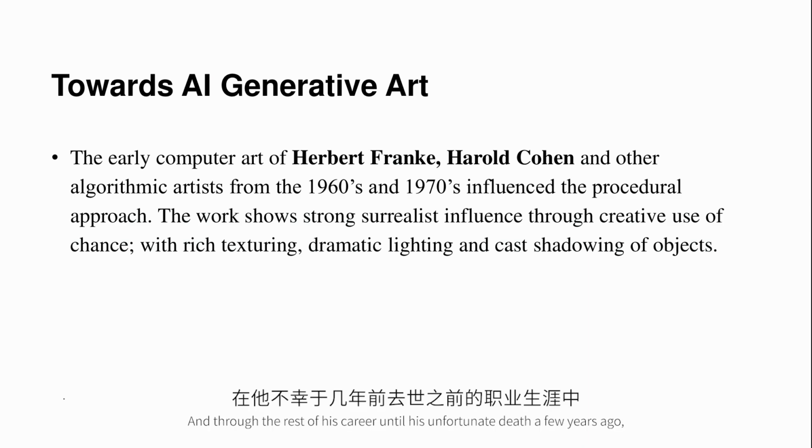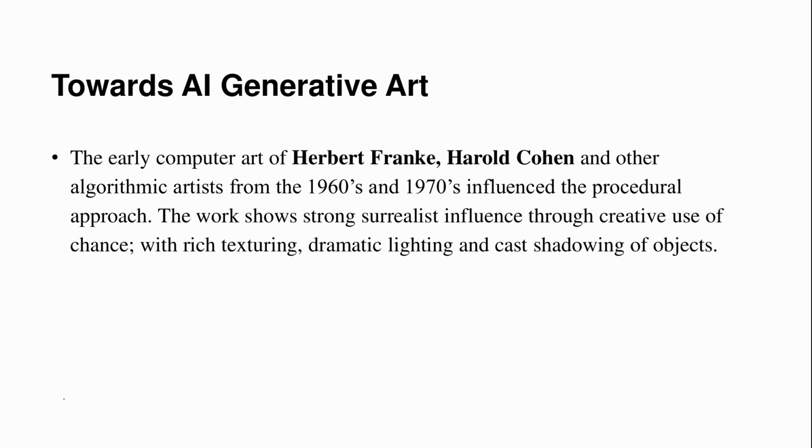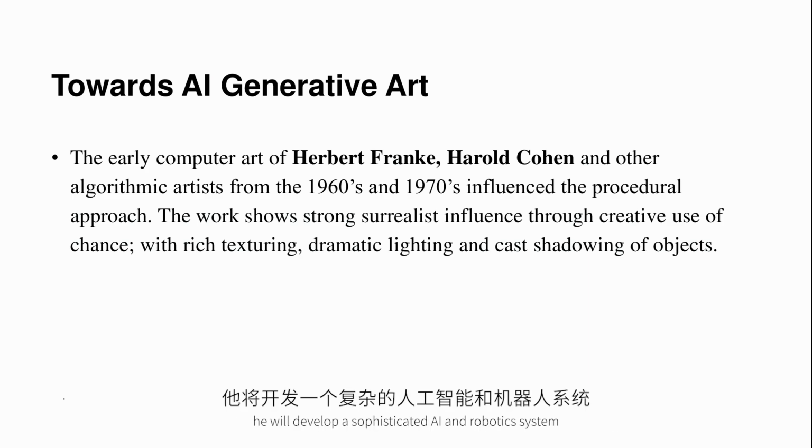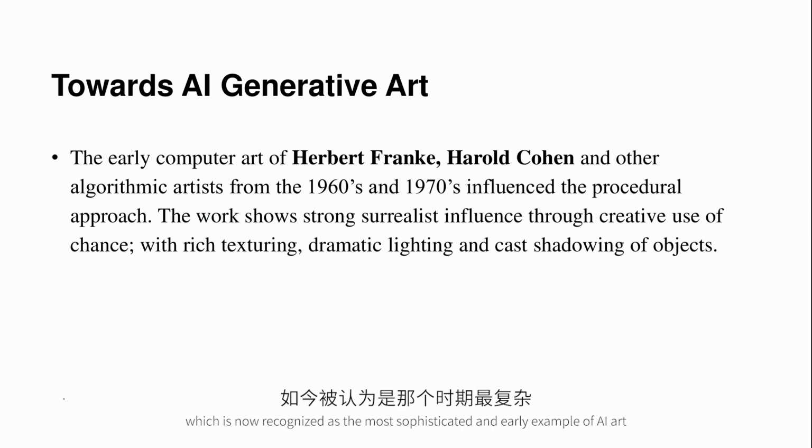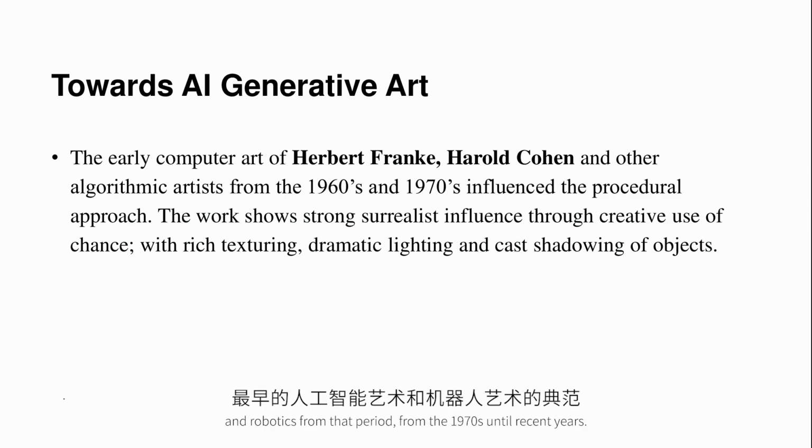And through the rest of his career, until his unfortunate death a few years ago, he developed a sophisticated AI and robotic system called Aaron, which is now recognized as the most sophisticated and earliest example of AI art and robotics from that period, from the 70s until recent years.